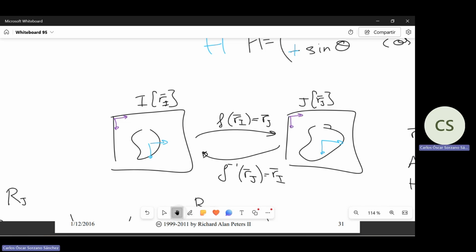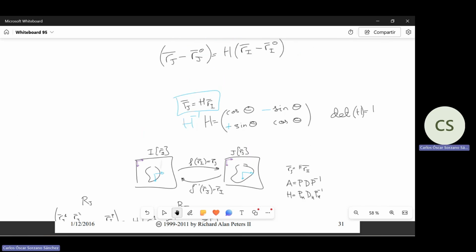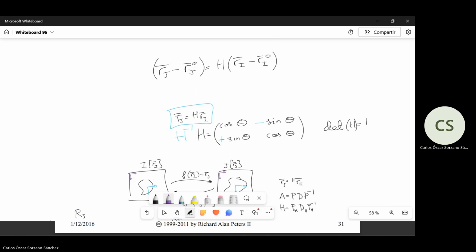In this equation here, this is in the coordinate system that is not centered. This is also. But these are coordinates in the coordinate system that is centered, and the origin is here.